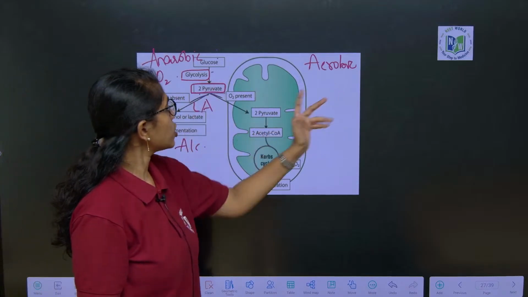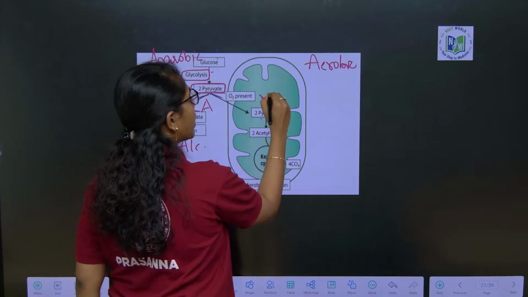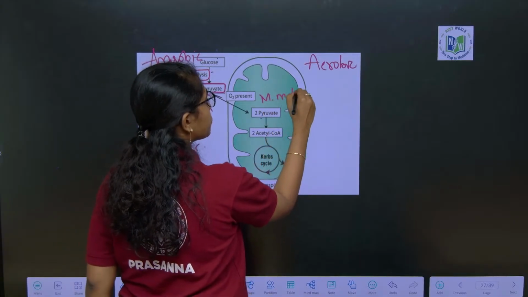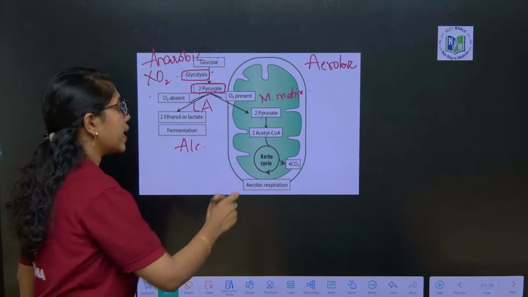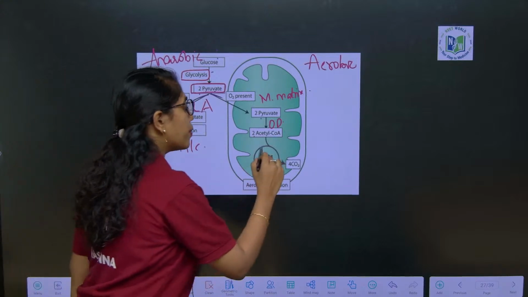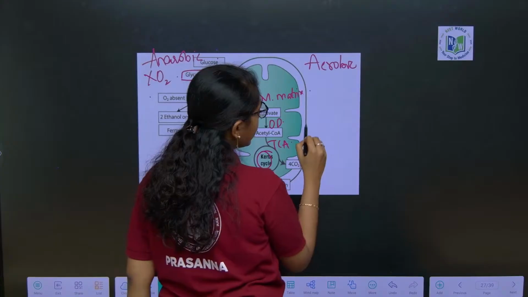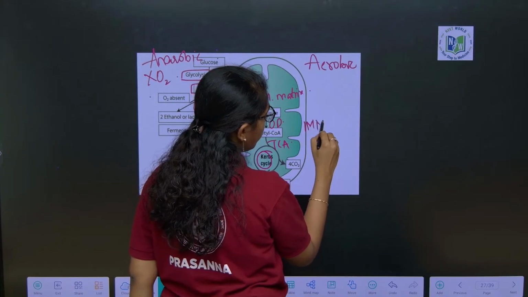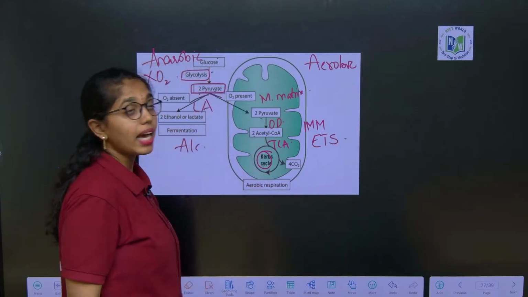In aerobic respiration, the pyruvate molecule will directly enter the mitochondrial matrix and undergo a link reaction or oxidative decarboxylation, forming oxaloacetic acid, then the Krebs cycle, that is the TCA cycle, and finally in the inner mitochondrial membrane, the electron transport system will be activated.